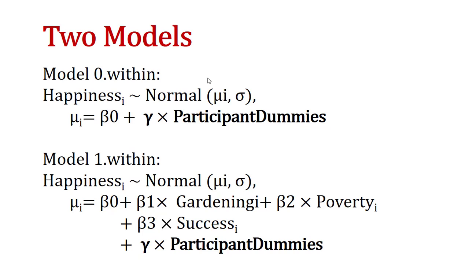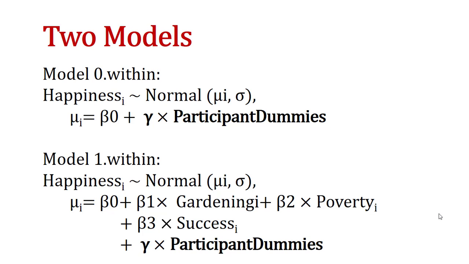We are going to have a gamma for each participant dummy. And again, participant dummies is not just one, it's a vector of participant dummies. So it's one per participant, so 199 gammas and 199 participant dummies. And the same here. So that's the workaround to deal with the issue of independence. We create 199 new dummy variables. In this way we solve the problem of lack of independence.